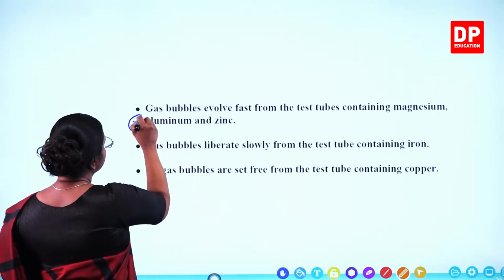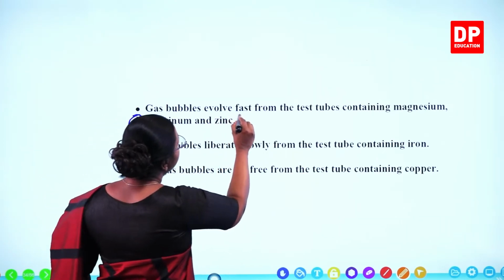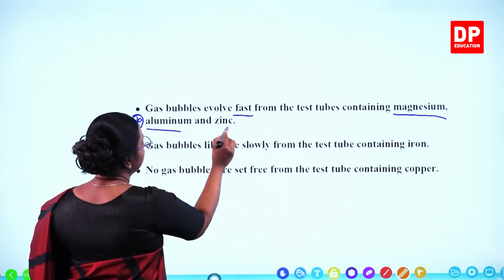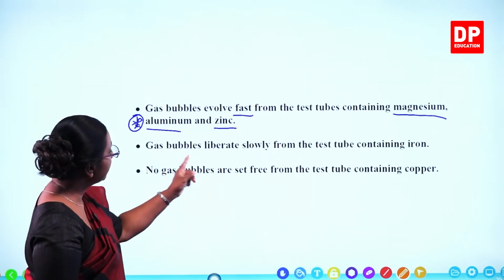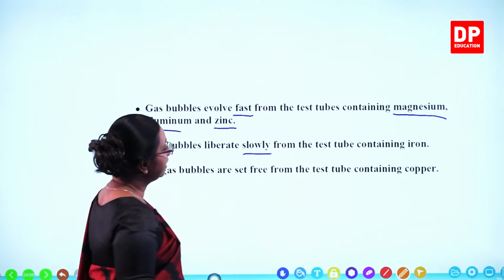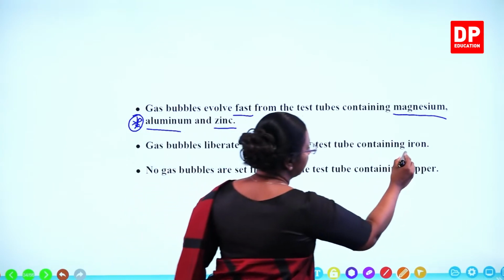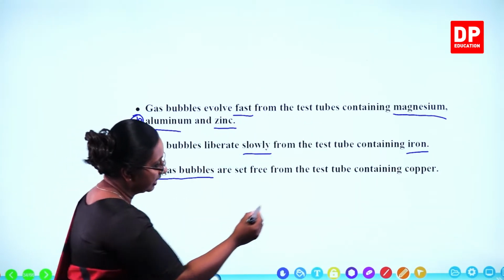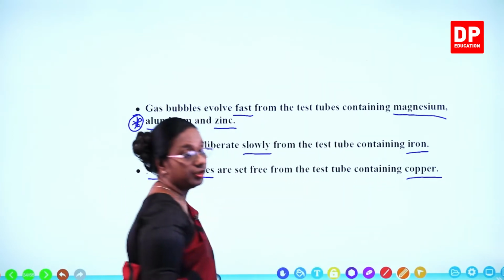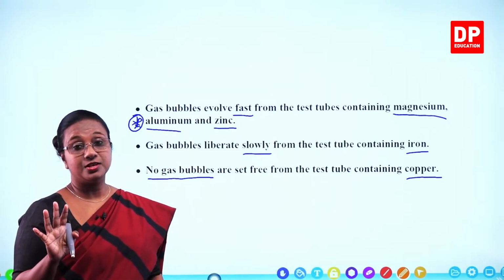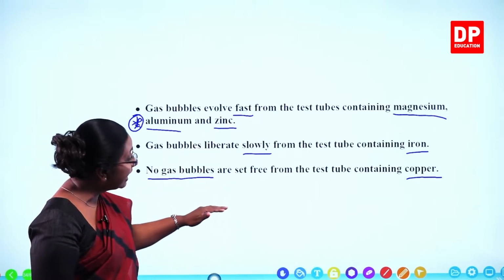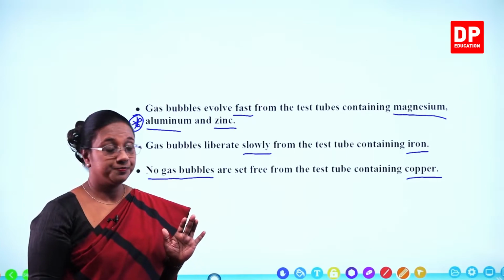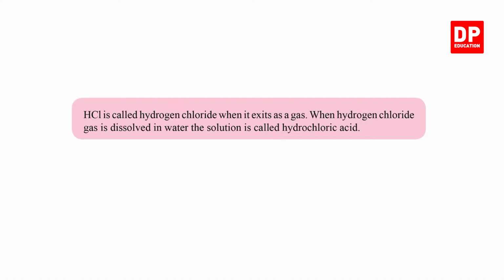Gas bubbles liberate slowly from the test tube containing iron, and no gas bubbles are set free from the test tube containing copper. You were able to observe this. So you are clear with the way the metals react with dilute hydrochloric acid. So then I'll move on to the next slide.